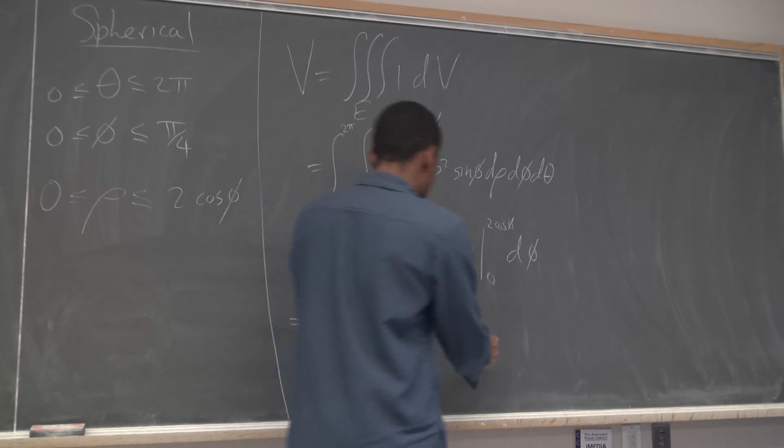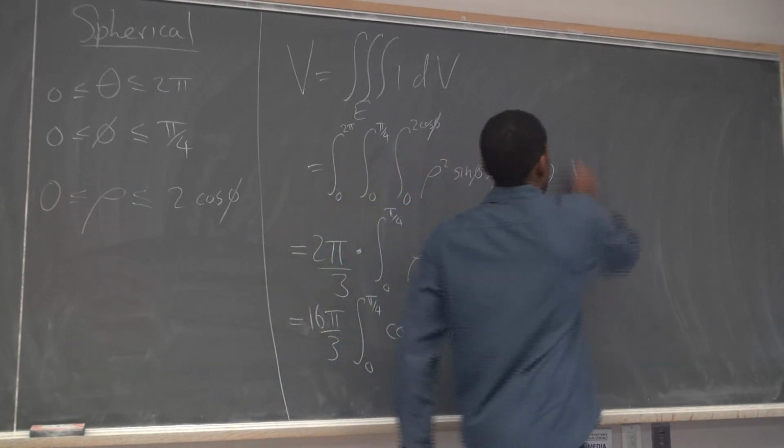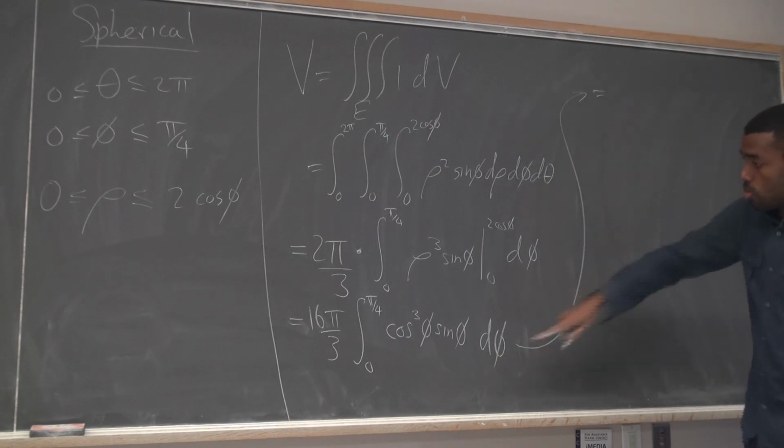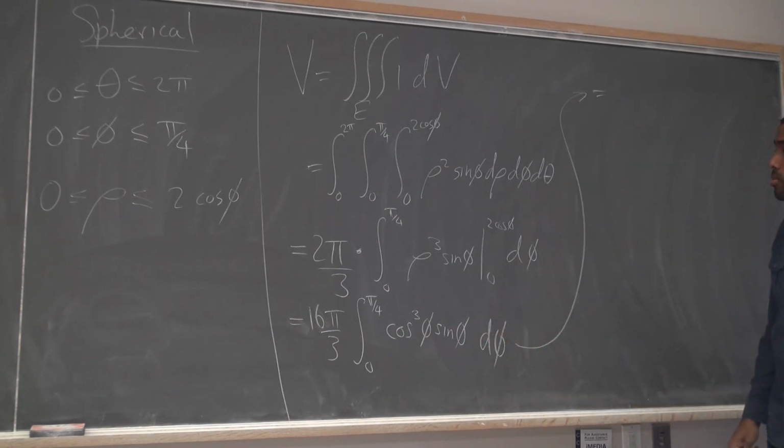Plug in a 0, everything dies, so I just have this. So what's the integral of this? Negative cosine to the fourth over 4. So minus 16 pi over 3 times cosine to the 4th phi over 4, between 0 and pi over 4.